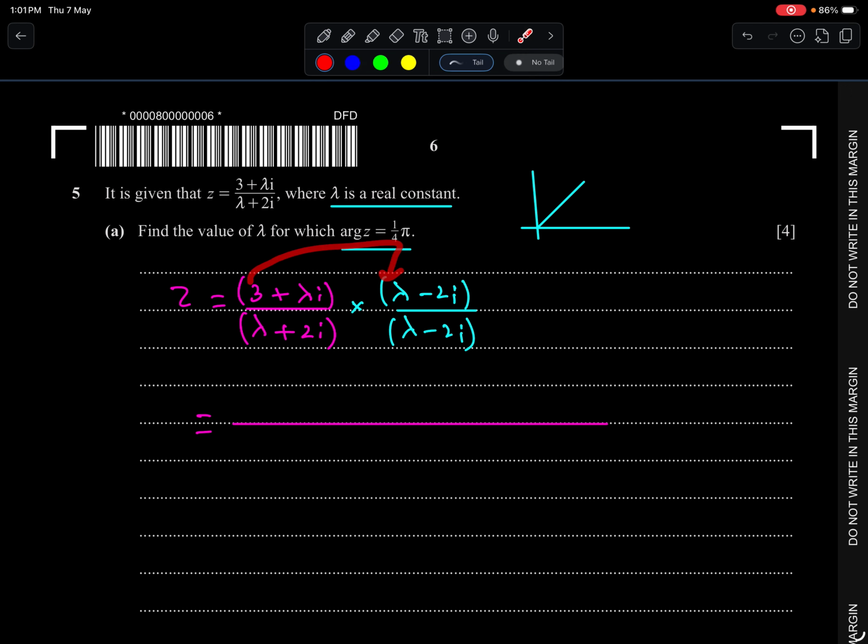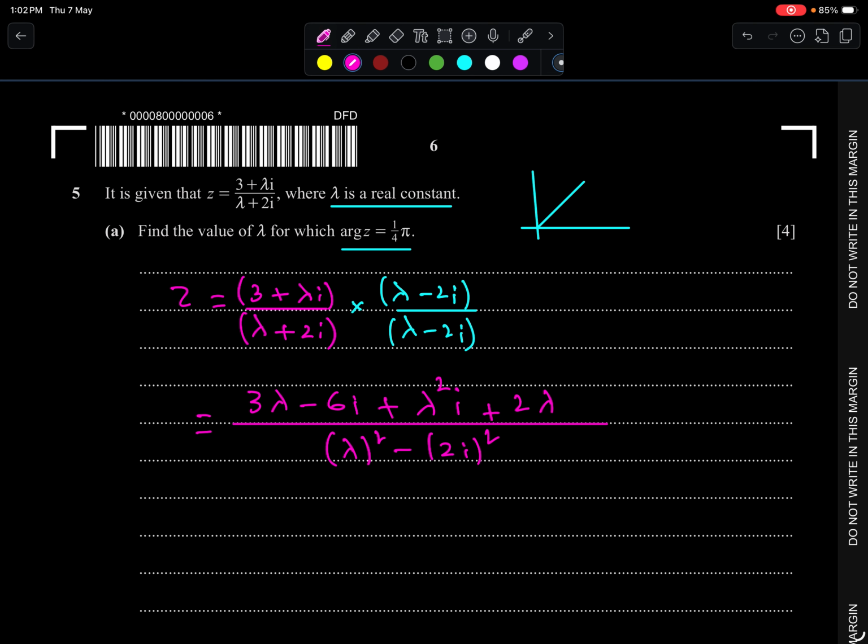See, 3 lambda minus 6i. Then lambda square i plus 2 lambda. In denominator we have a square plus b square. So lambda square minus 2i square. You can directly solve this as well. This is lambda square plus 4.